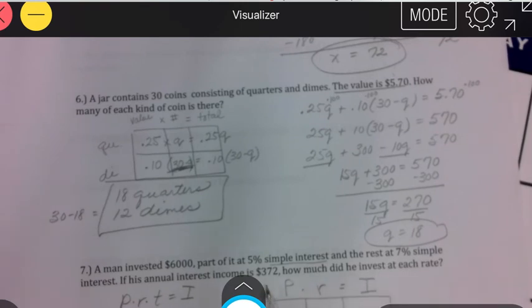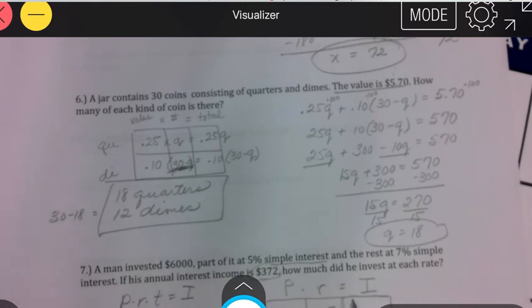Now our interest, $372, doesn't go in here. This interest right here represents what we earned at 5%. This interest right here is what we earned at 7%. This 372 is combined. Okay, so the rate at 5% is 0.05. The rate at 7% is 0.07.